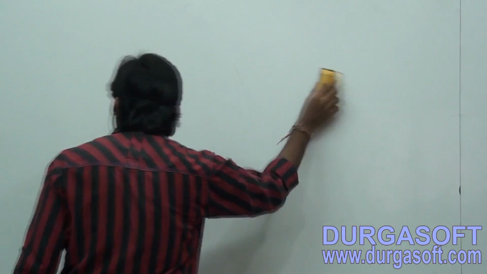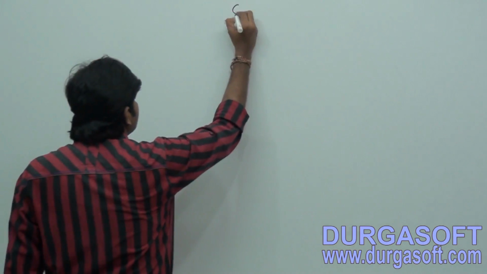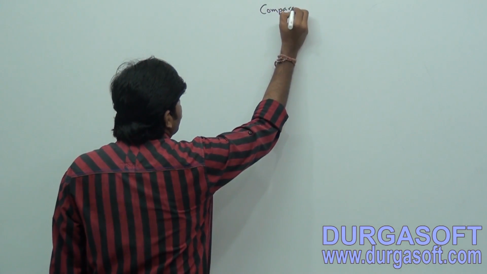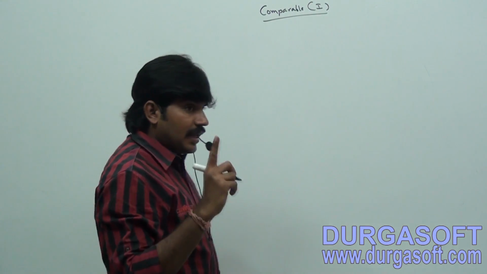Okay, that's all. So now the terminology is very clear for you. Now the next point, take very special care about this terminology. Here, what about Comparable? Comparable interface is present in which package? java.lang.